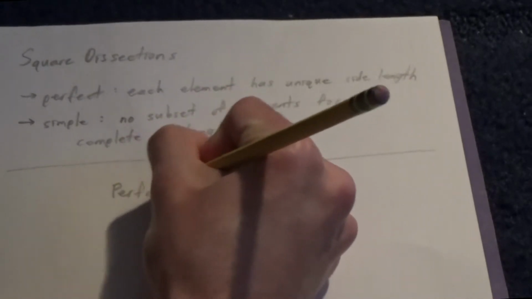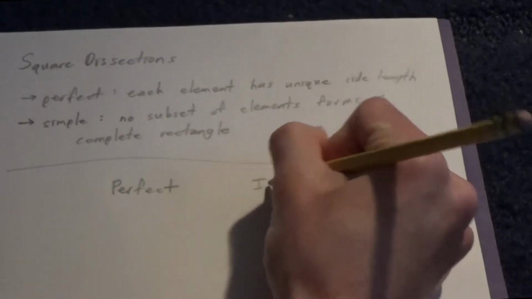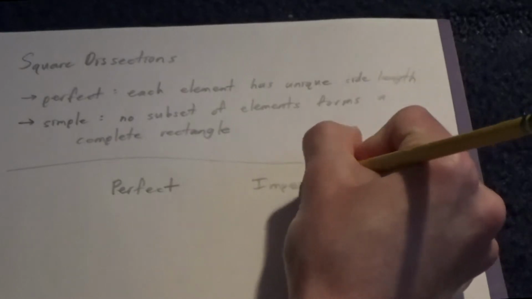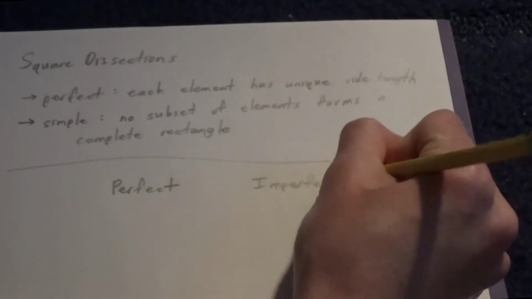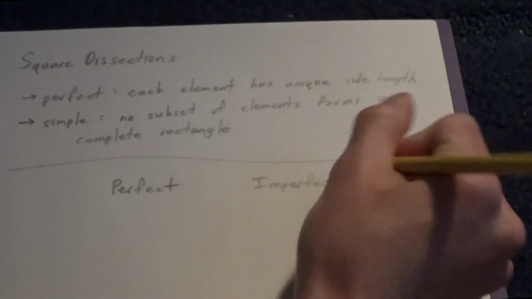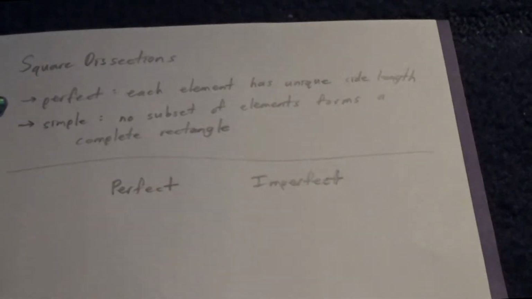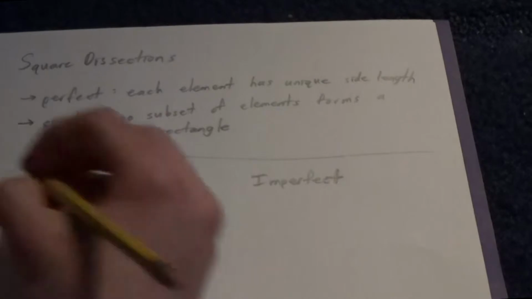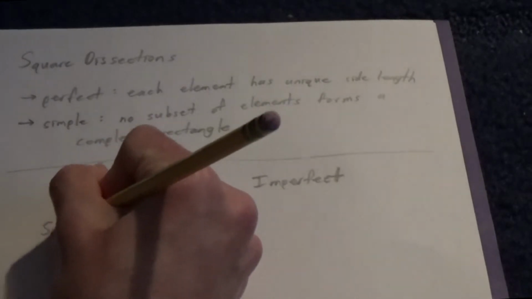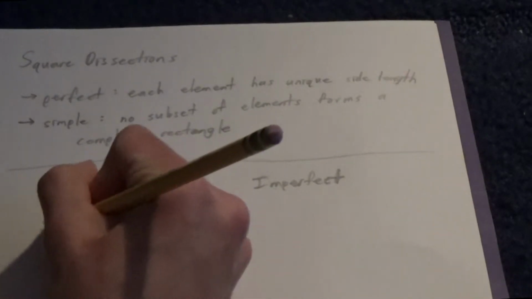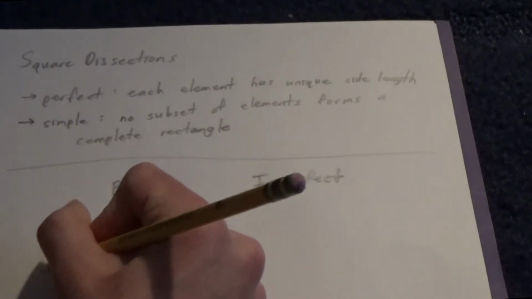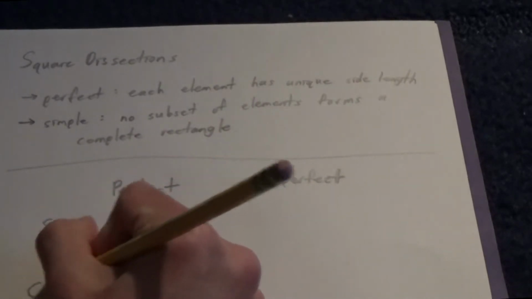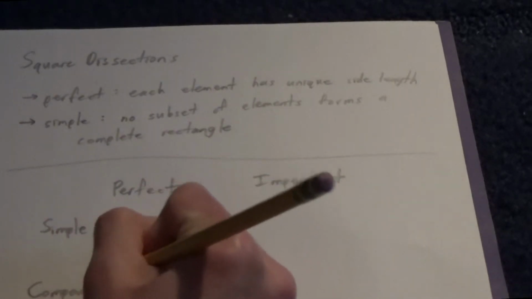On one axis, we have perfect and imperfect, which are, of course, opposites. This is just describing this first property, whether it's perfect or not perfect. And then on the other axis, a dissection may also be simple or not simple, which we can also say is compound.